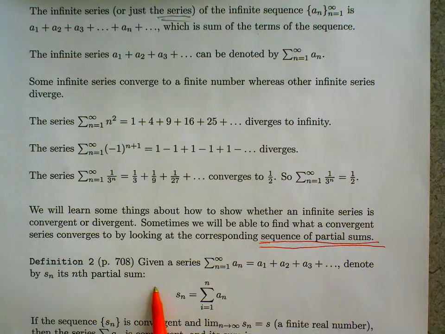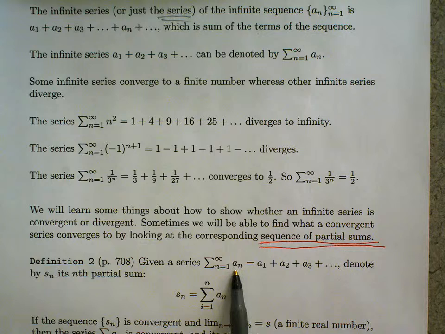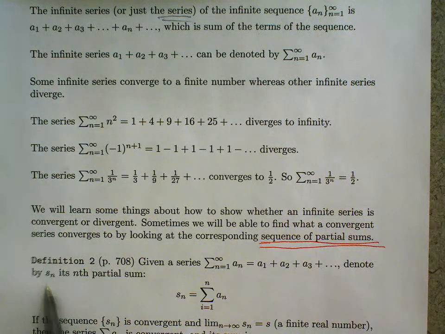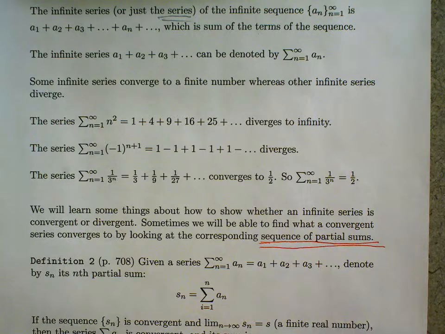So given a series from a sequence a sub n, this means we're adding the terms from the sequence. So it's a sub 1 plus a sub 2 plus a sub 3 and so on. We denote by S sub n its nth partial sum.